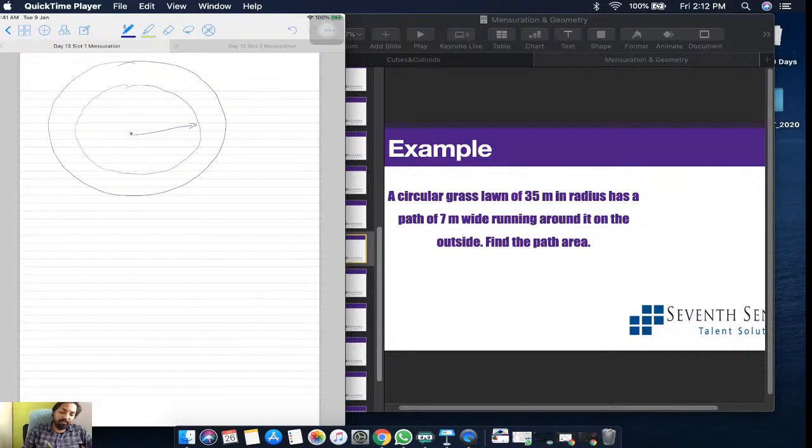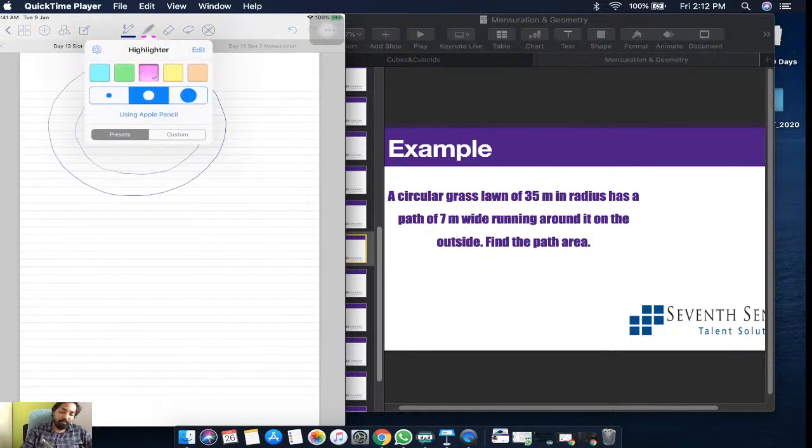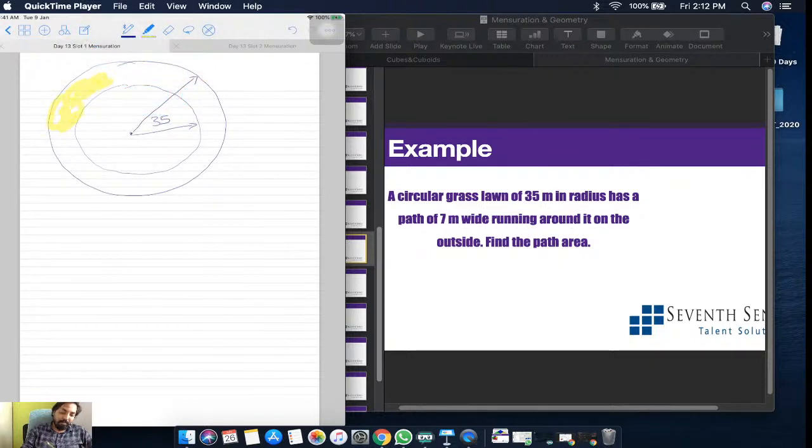This is the radius of 35. The grass lawn has a path. This is the path they are talking about. The width of the path is 7, so the outer radius will be 42.